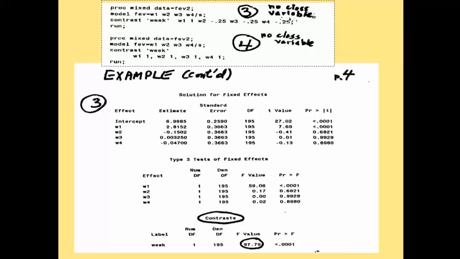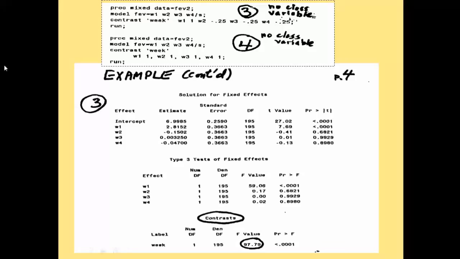So it says week, W11, W2 minus 0.25. What is being tested? If I had written estimate instead of test, what would be estimated?